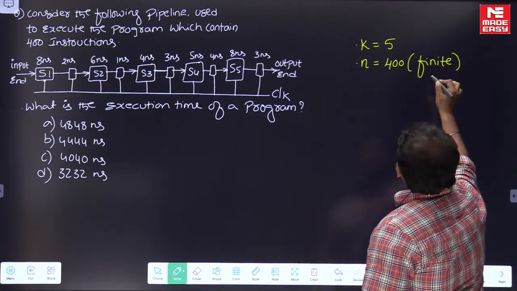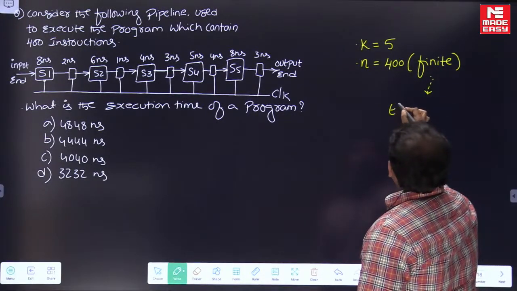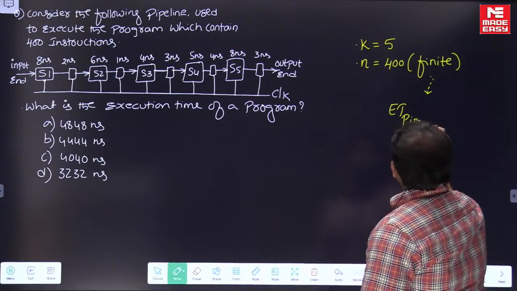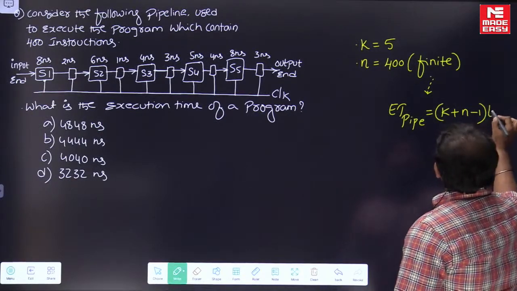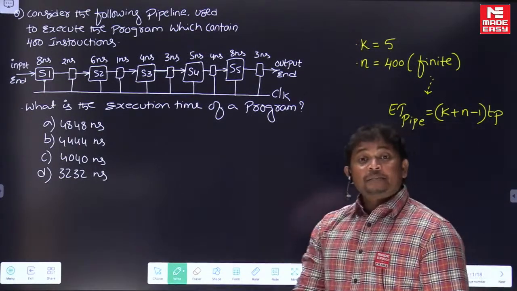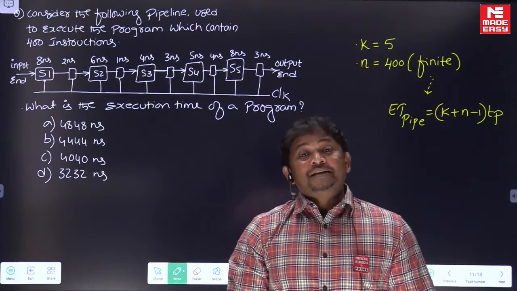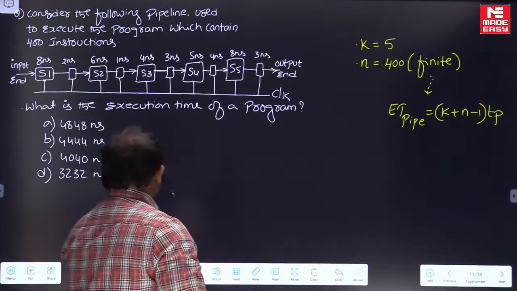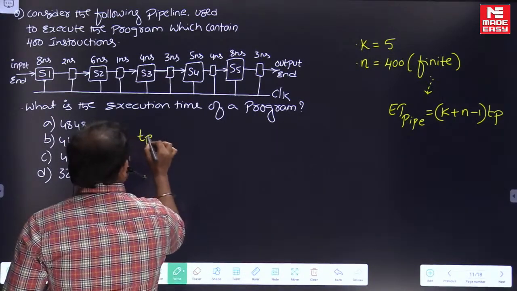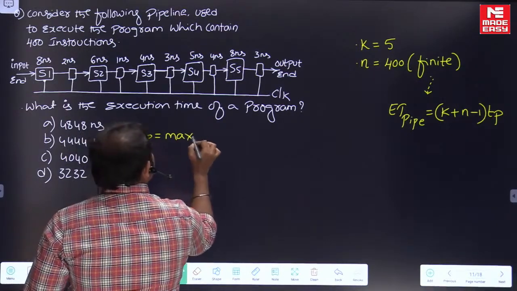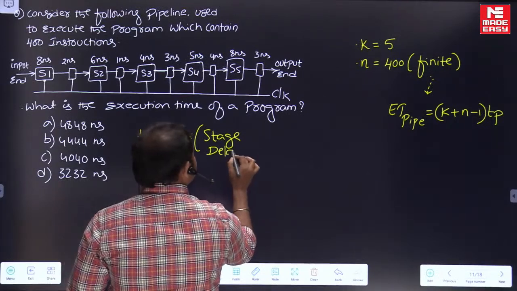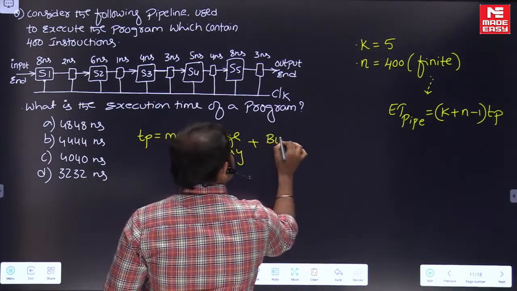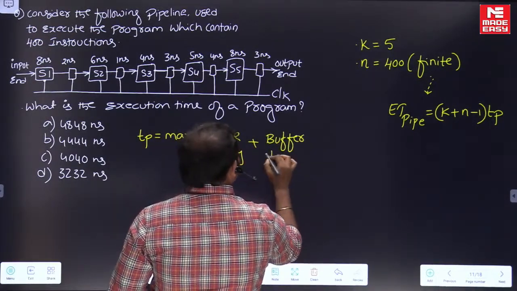When N is finite, we use the formula: execution time of the pipe equals (K plus N minus 1) into TP. What is TP? Cycle time of the pipeline. TP equals the maximum of stage delay plus buffer delay, together maximum, not individual. This is the formula which I explained.